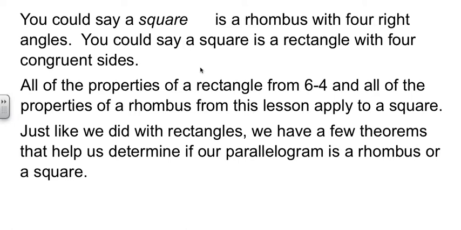A square, technically speaking, is both a rhombus and a rectangle. It has all congruent sides and it has all congruent angles. So everything we learned last time about rectangles applies, and everything we just learned about a rhombus applies. Squares have all the properties of everything so far.